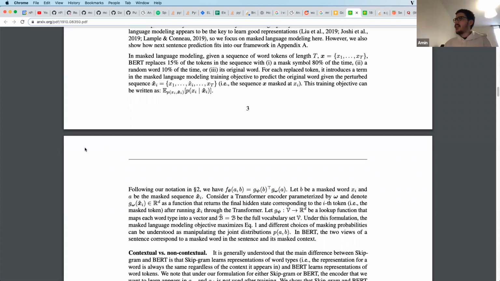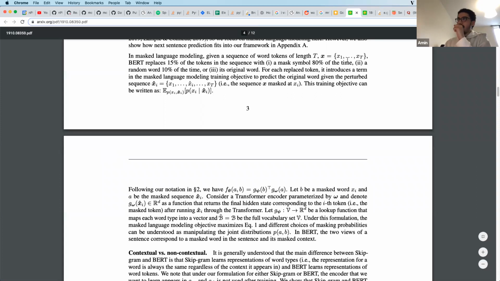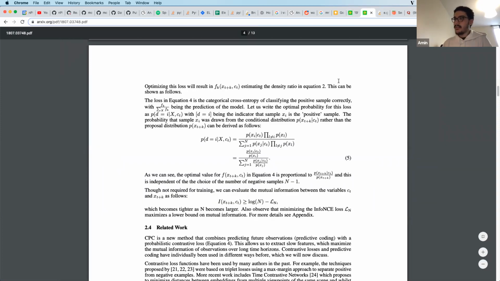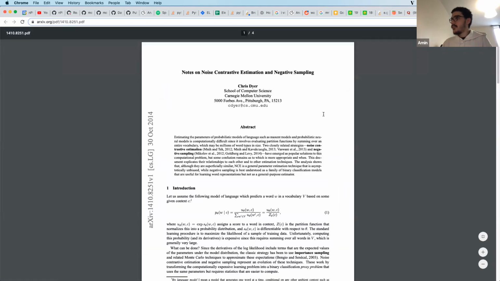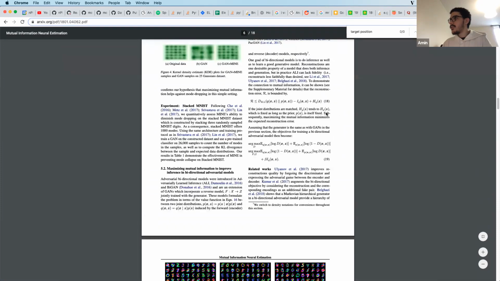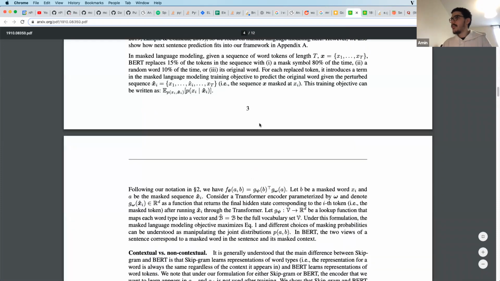I think the way that BERT is presented in the XLNet paper is actually a bit more useful. Okay, I don't have it up here, but no problem.